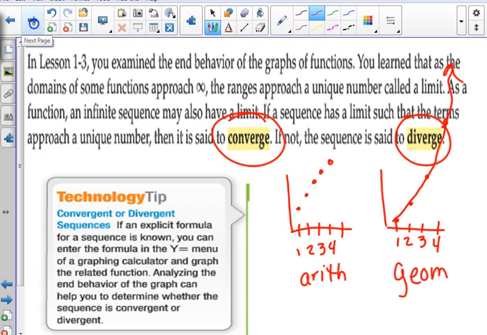But it could also be doing this. It could be geometric, and it started at 20, and then it went to 10, and then it went to 5, and then it went to 2.5, and then it went to 1.25. Which of those is convergent?